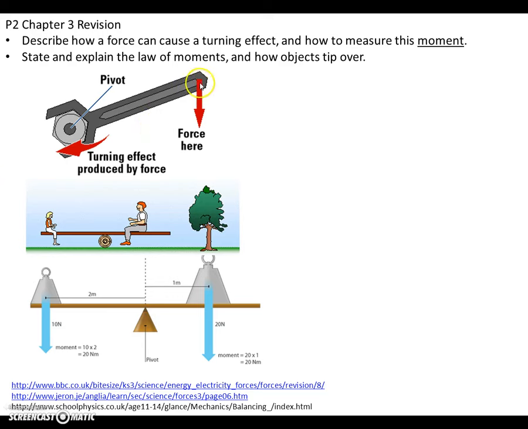This is a general principle: the further away the force is from the pivot, the lower the force that you need to apply, but you do need to turn it for a longer distance. So we measure this using the idea of the moment.